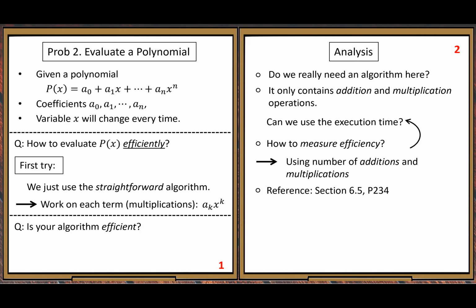A1 x to the first. That's the simplest case, right? How many multiplications? K equals 1. A1 x to the first: no multiplication for x to the first, that's just one multiplication. When k equals 1, your answer is 1. So you get the answer, not k plus 1, right? Because when k equals 1, you get k.